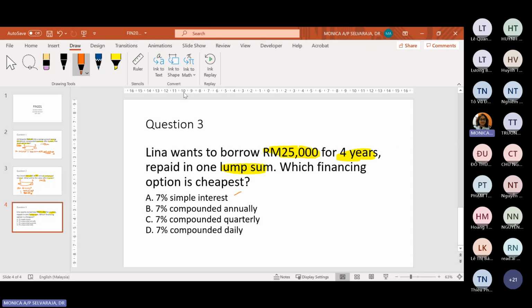If I pay simple interest, it will be 25,000 multiply 4 multiply 0.07. So 25,000 multiply 7,000. This is my interest, 4 years interest, total interest.